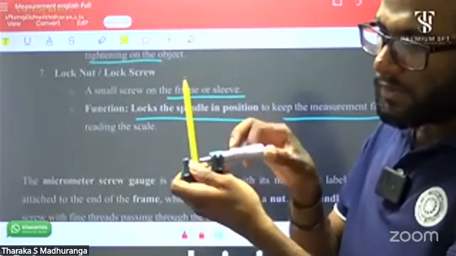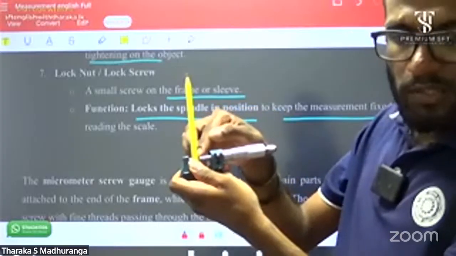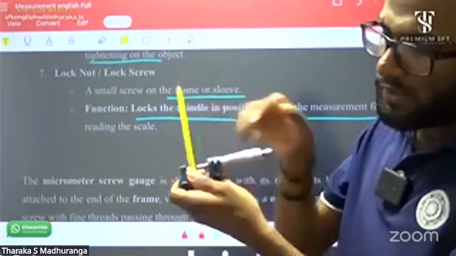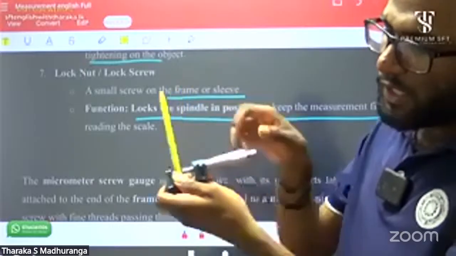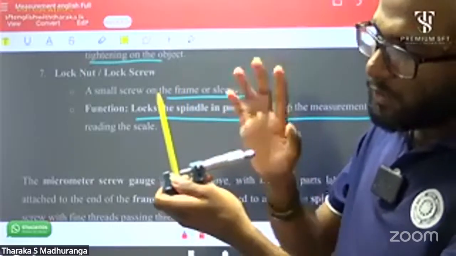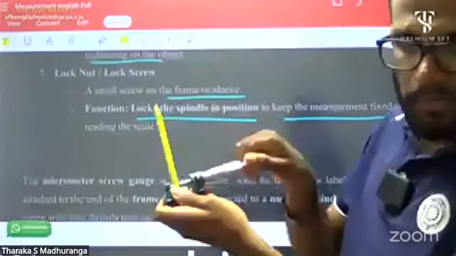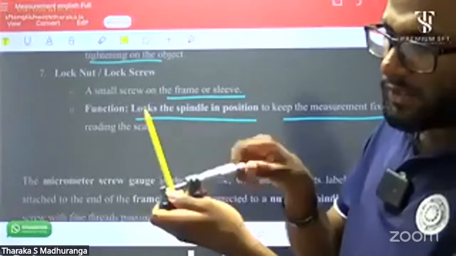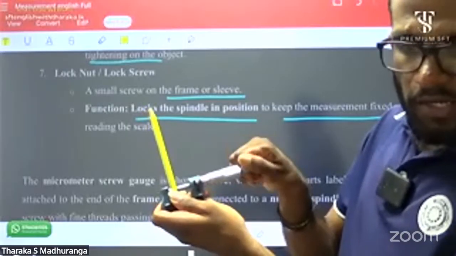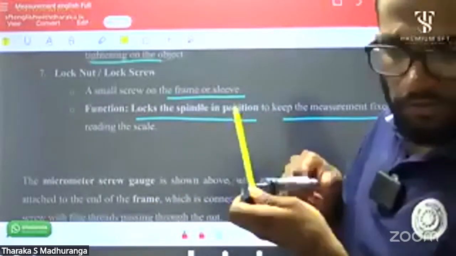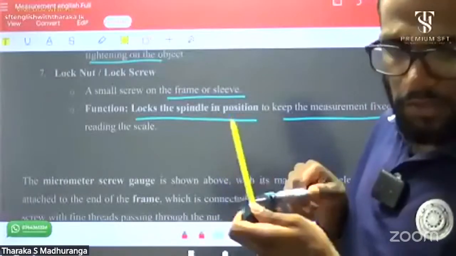Rotate by the thimble. When the spindle reaches close to the object, what can I do? I stop rotating by the thimble and start rotating by the thimble head or ratchet. When it reaches the required tightness, it rotates freely with a sound. It rotates freely with this sound.